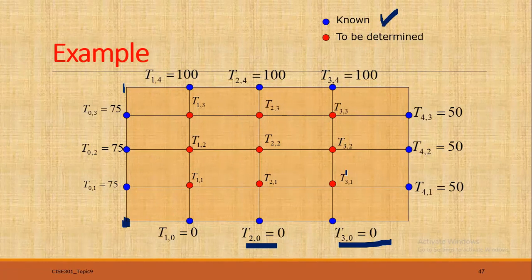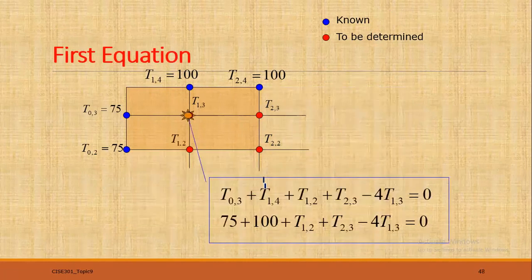So all these values T11, T21, T31, T22, T12, T13, T23 and T33, we find using the equation. We know that this is the standard equation.